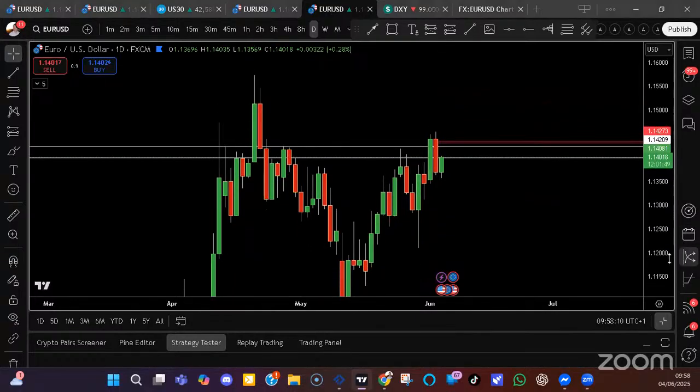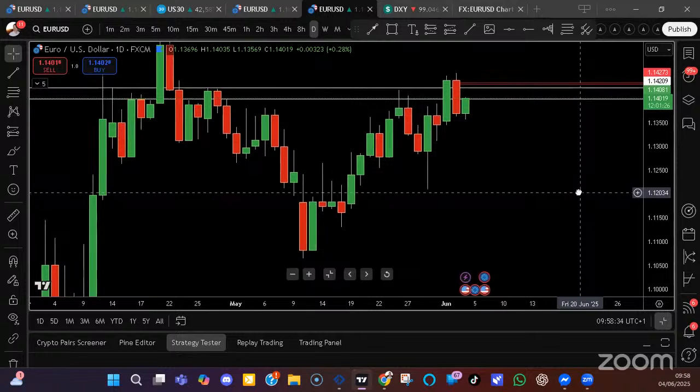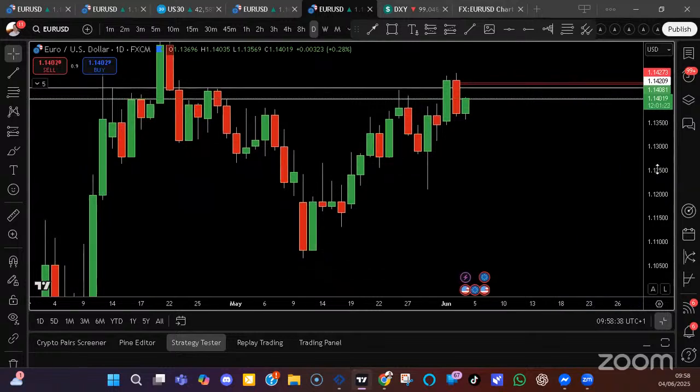As you can see here on the daily, there is an effort to increase the euro. We are on this line, as I said, but it's not really telling us much. There's not enough information, because I don't really like drawing trend lines. They're very subjective.